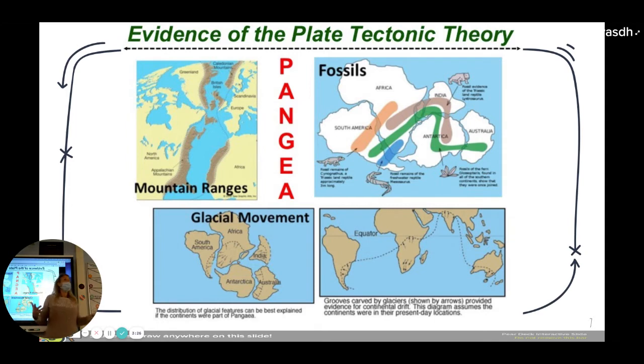So that's why we have such unique mammals on each of the different continents, because that's when they started developing. We can also see the continuity of mountain ranges if you put them together. And sedimentary rock layers. You can see the continuity if you put like Africa and South America together.